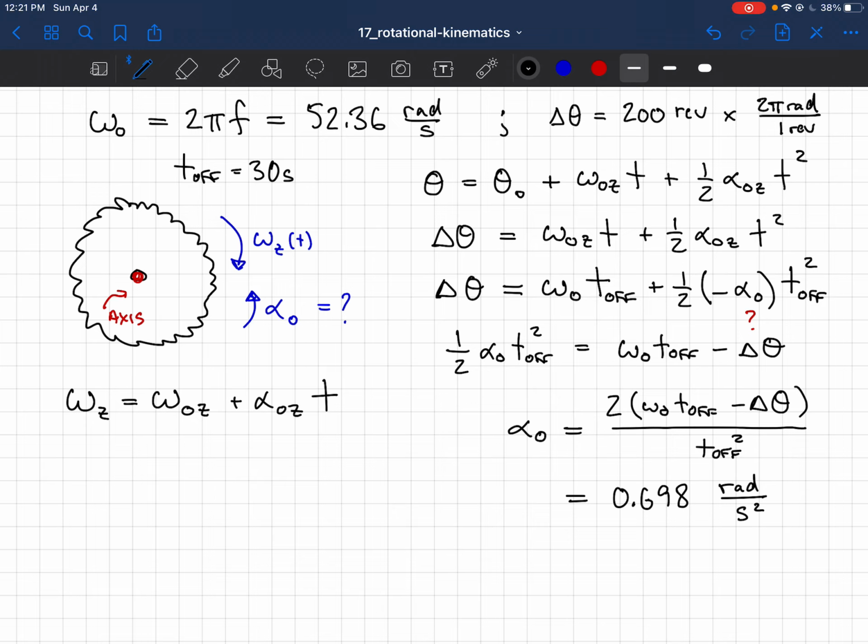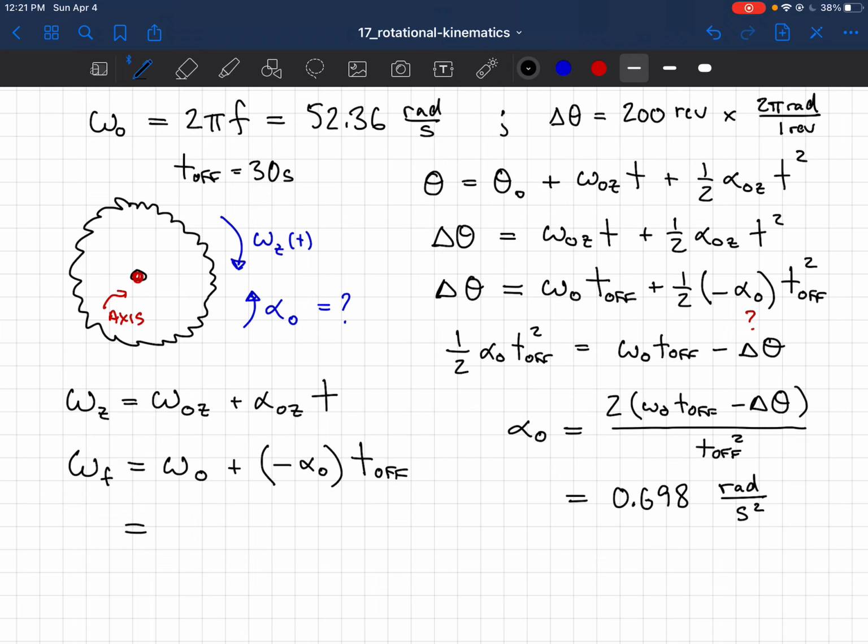So there's our basic equation. Omega z will be omega final. Omega naught z will be omega naught. And alpha, again, it points in the opposite direction to omega, so I'm going to call that negative. And then t is t off. This is just an equation that we have now for omega final.